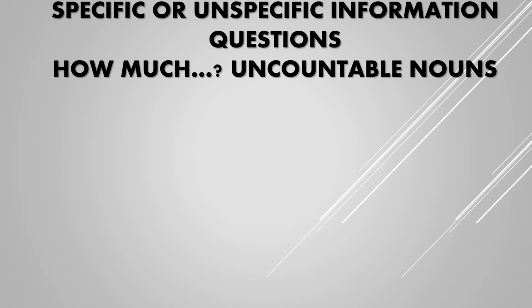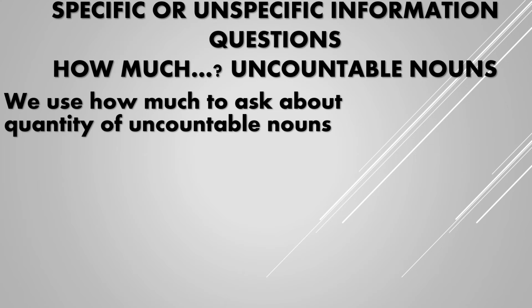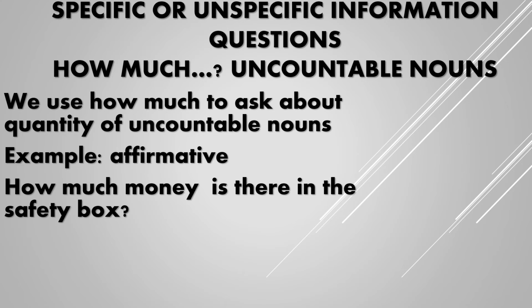Specific or unspecific information questions with how much and uncountable nouns. We use it to ask about the quantity of uncountable nouns. Remember, uncountable nouns are things we cannot count. For example, affirmative answers.